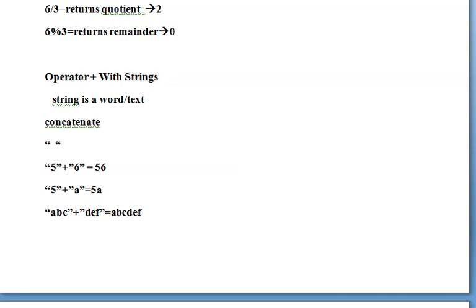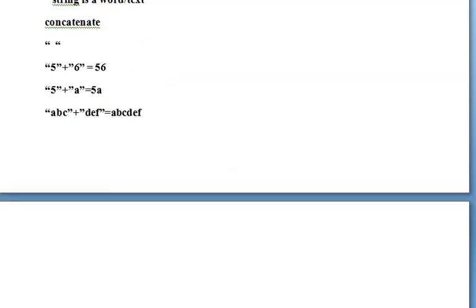Next set of operators which we are going to discuss is the increment and decrement operators.